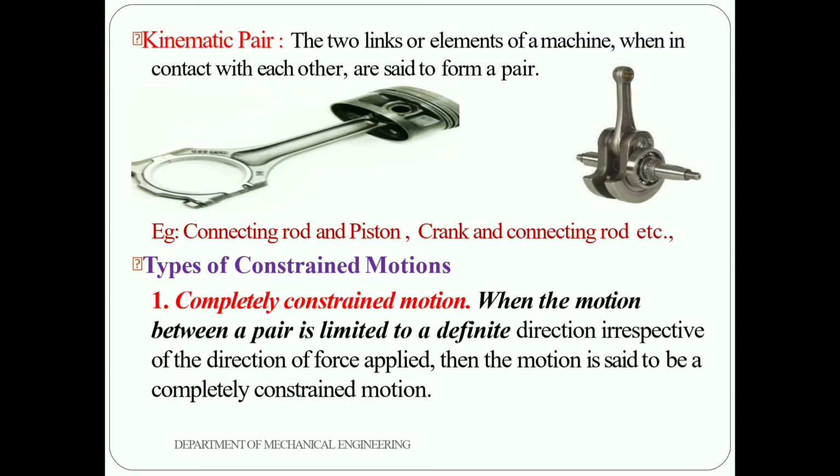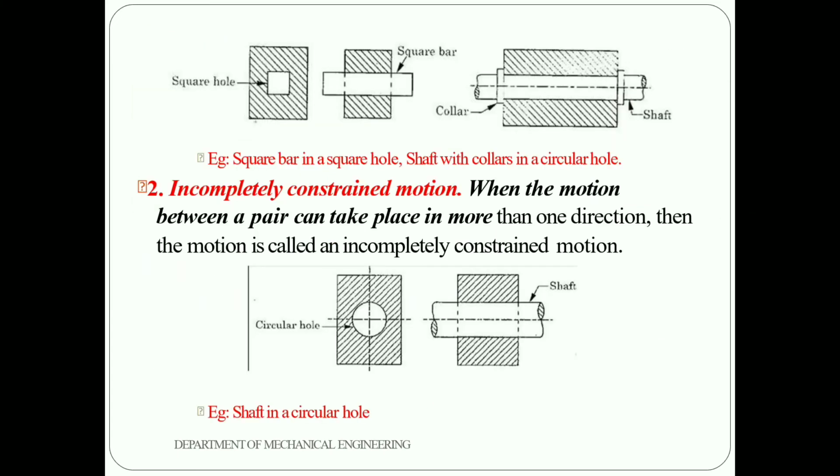When the motion between a pair is limited to a definite direction, irrespective of the direction of force applied, then the motion is said to be completely constrained motion. I repeat it once again. When the motion between a pair is limited to a definite direction, irrespective of the direction of force applied, then the motion is said to be completely constrained motion.